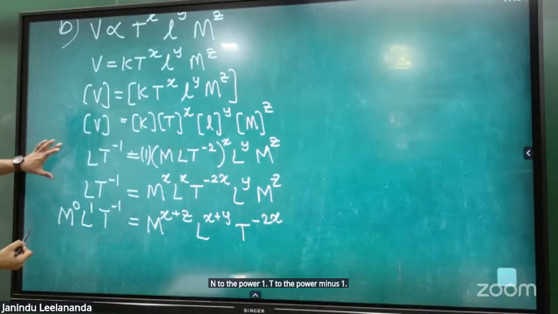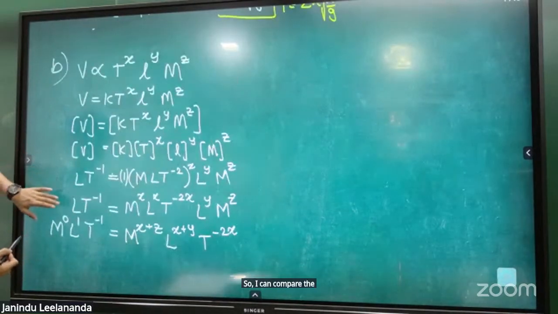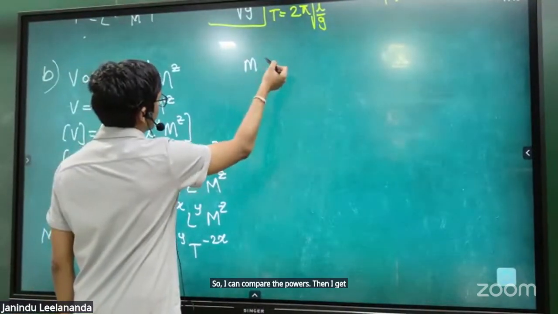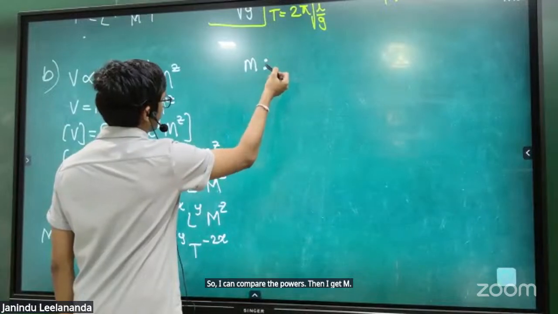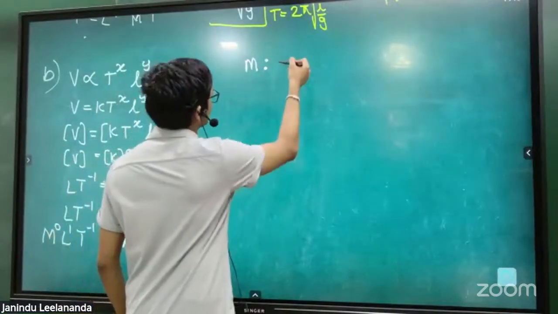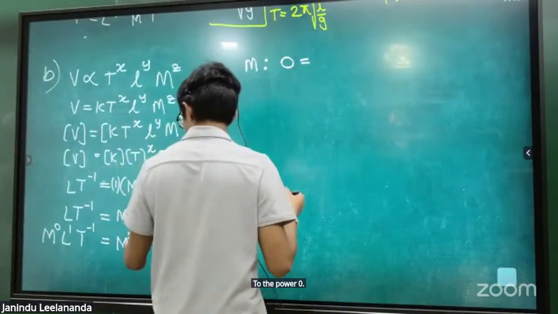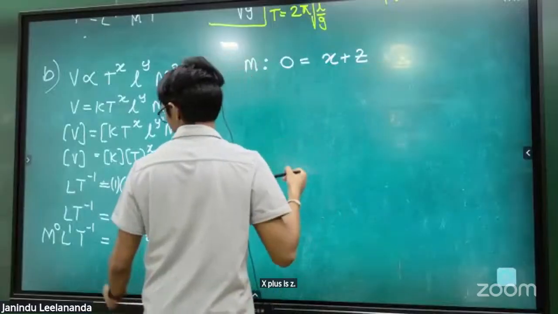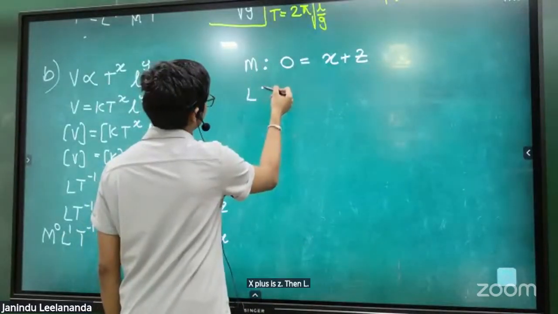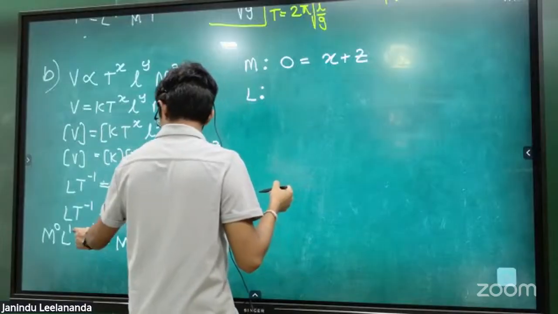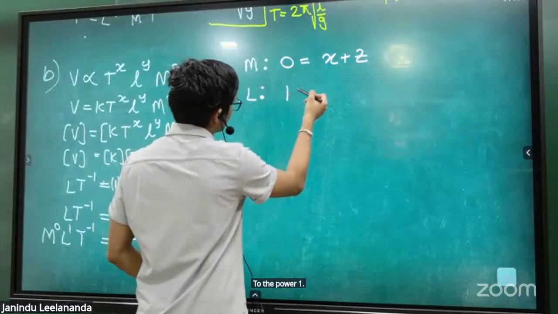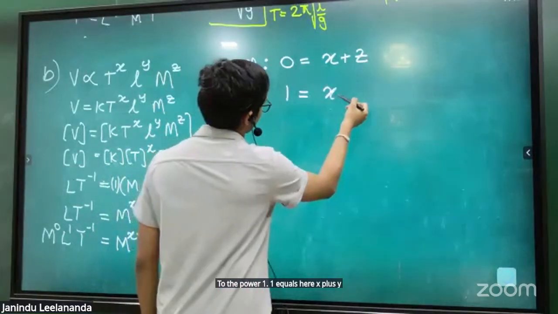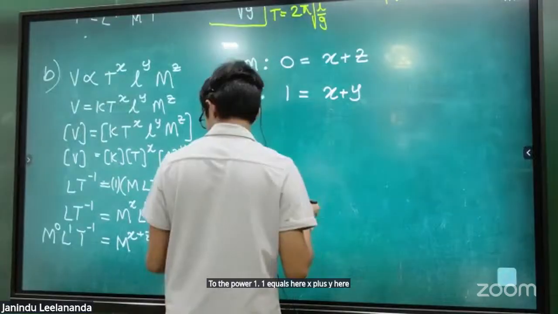So I can compare the powers. Then I get m to the power 0 equals m to the power x plus z. Then L to the power 1 equals x plus y.